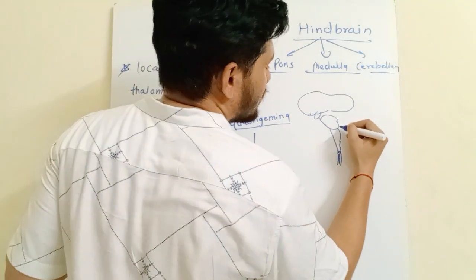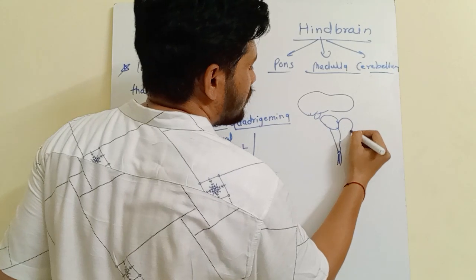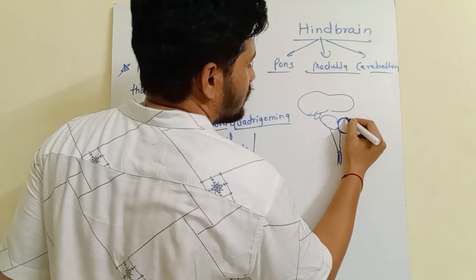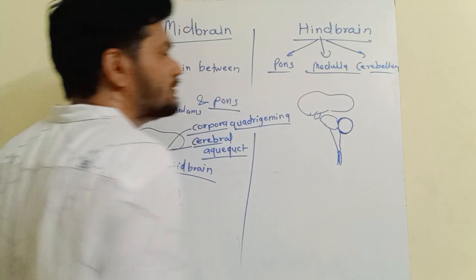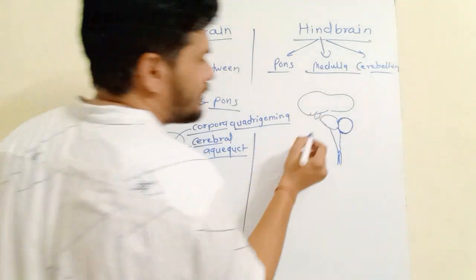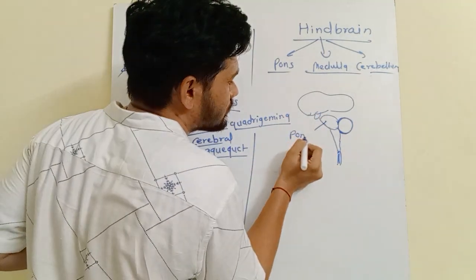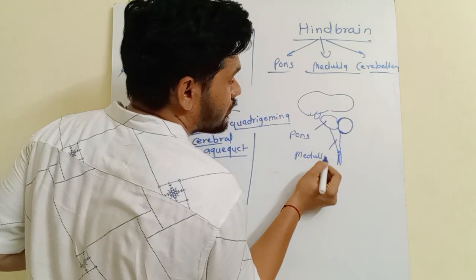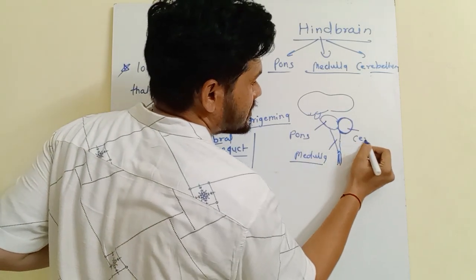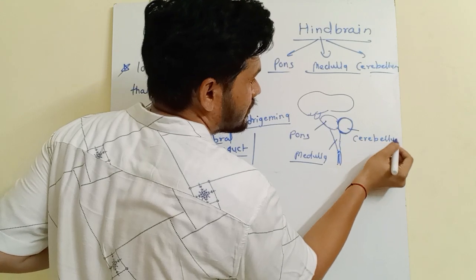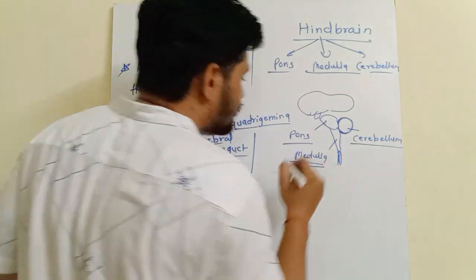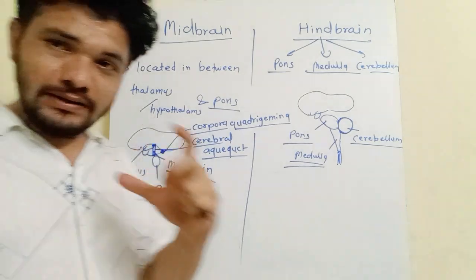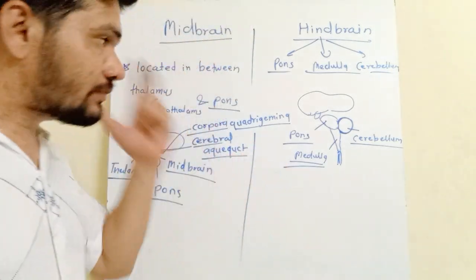Behind the pons, you will find a lobular structure called cerebellum. So this is pons, this is medulla, and this is cerebellum. These three parts unite to form the hindbrain.